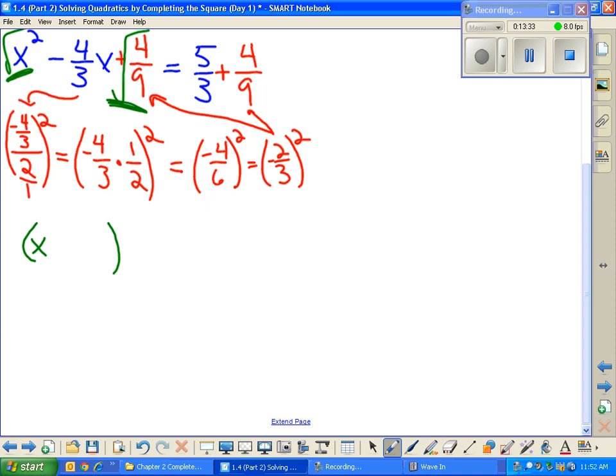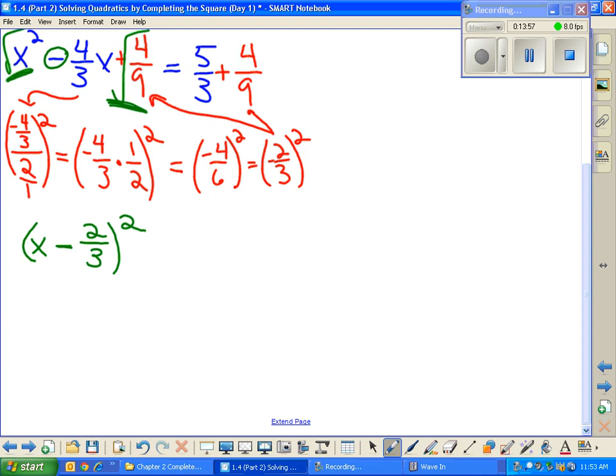The square root of 4 is 2. The square root of 9 is 3. The sign in between always comes from this sign right here. So that factors to be x minus 2/3, x minus 2/3, or x minus 2/3 quantity squared.